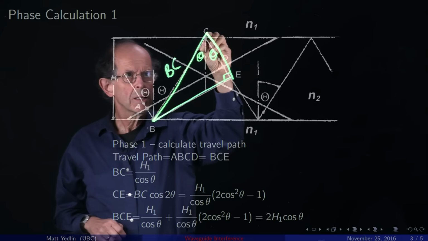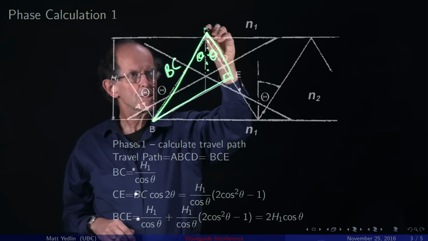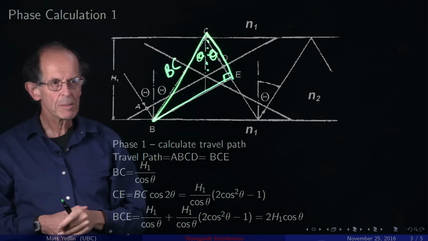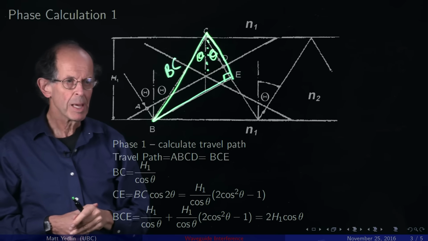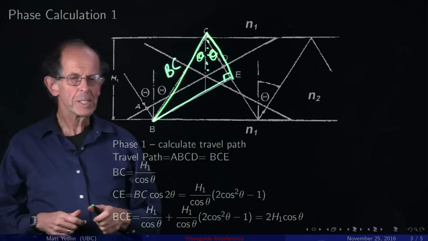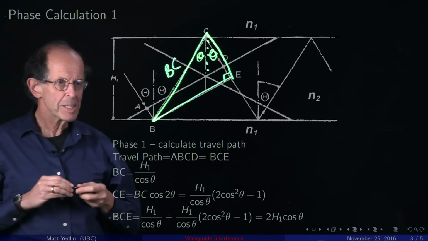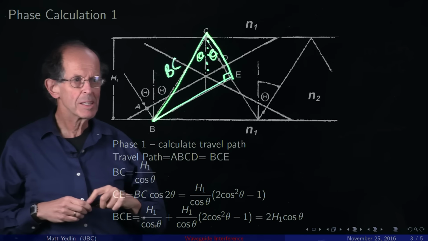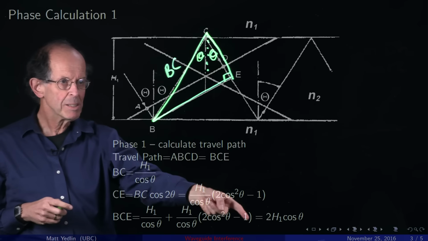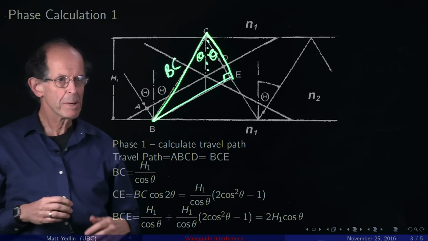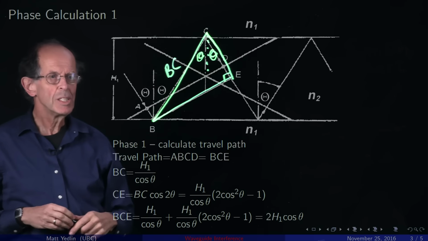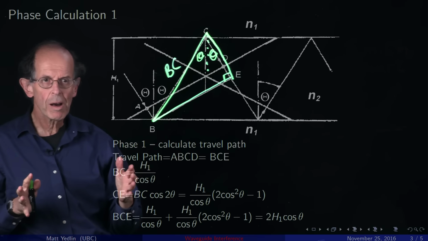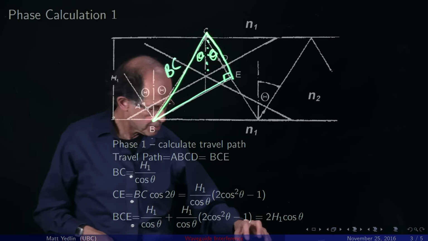So you can see that this part here, CE, is just as written, BC times cos of 2 theta, which we write using a trig identity for cosine of 2 theta. Then we add the two together as shown in the last line of the equations, and bingo, we've got the travel path, BCE, 2h1 cosine theta. So let's continue on and calculate the phase.